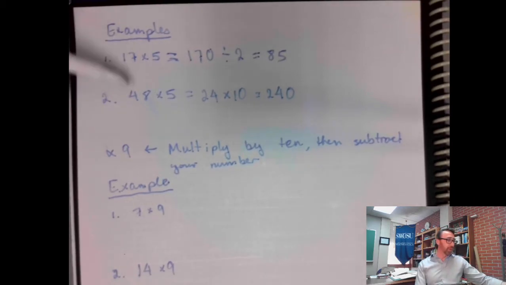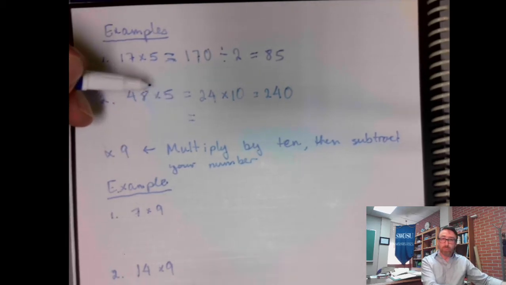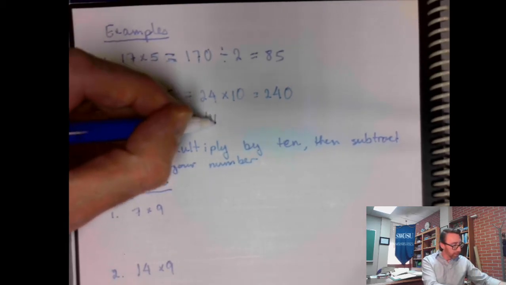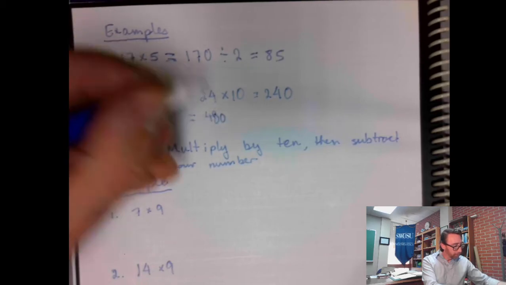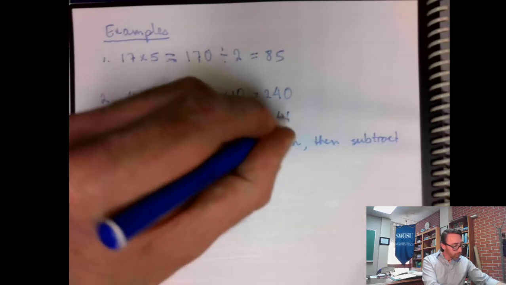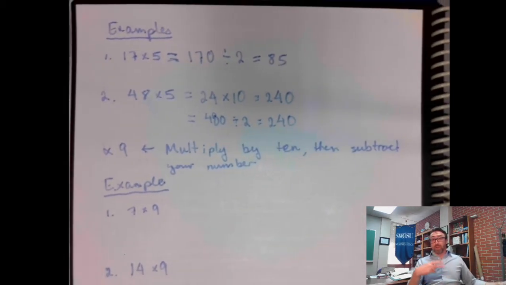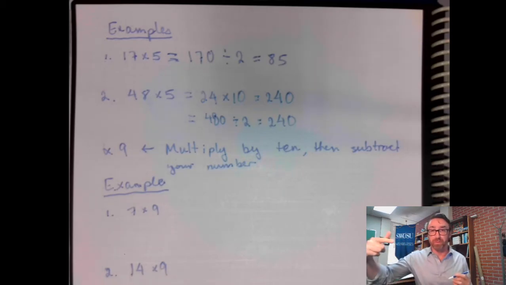Notice I would have gotten the same thing had I used the original procedure of multiplying by 10, getting 480, and then cutting that in half to get 240. Okay, so multiplying by 10, of course, extraordinarily simple because we have a base 10 place value system. Multiplying by 5, just multiply by 10, then cut it in half.